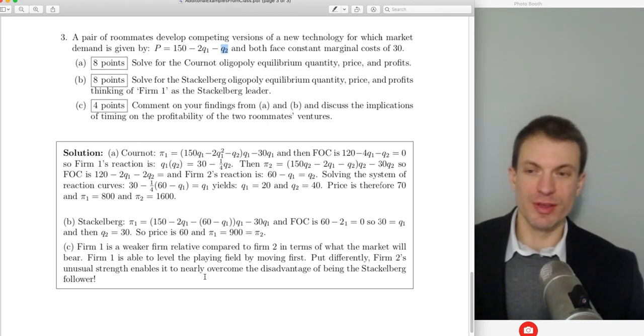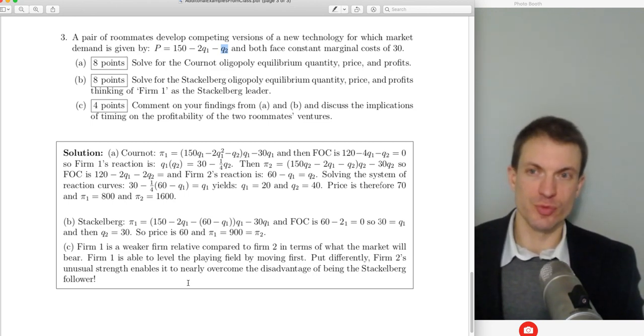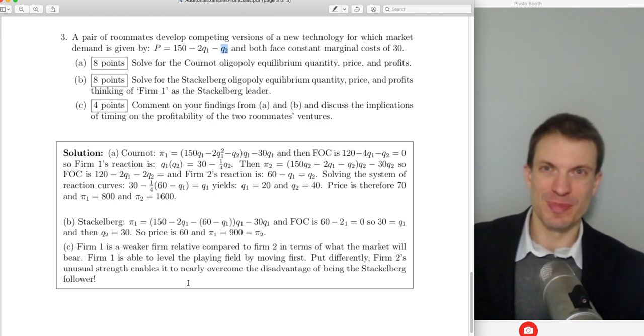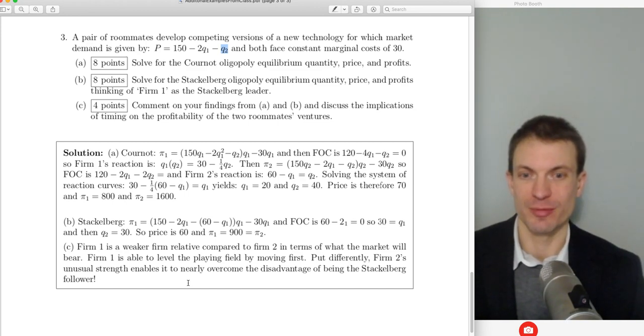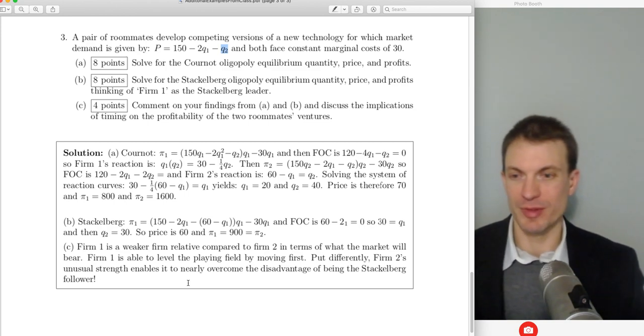Put differently, firm 2's unusual strength enables it to nearly overcome the disadvantage of being the Stackelberg follower. There are two ways to look at it. Firm 1 is weak; if they move first, the Stackelberg leader has an advantage, and that kind of helps them. Or firm 2, the Stackelberg follower, is usually in a weak position relative to firm 1. But here, firm 2 is so strong, they're nearly able to overcome that disadvantage.